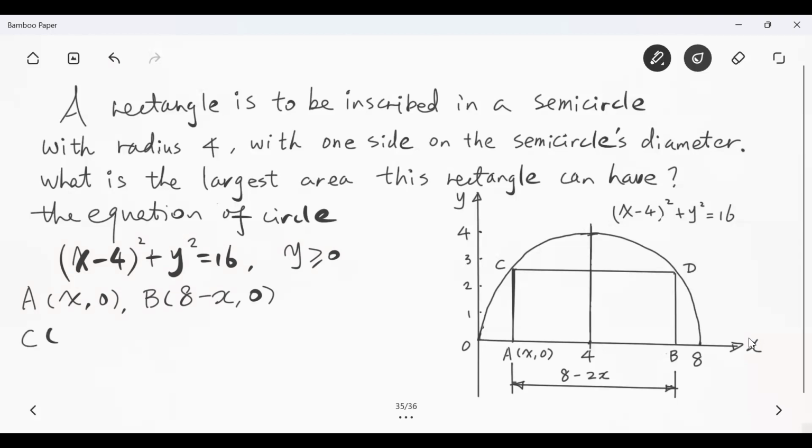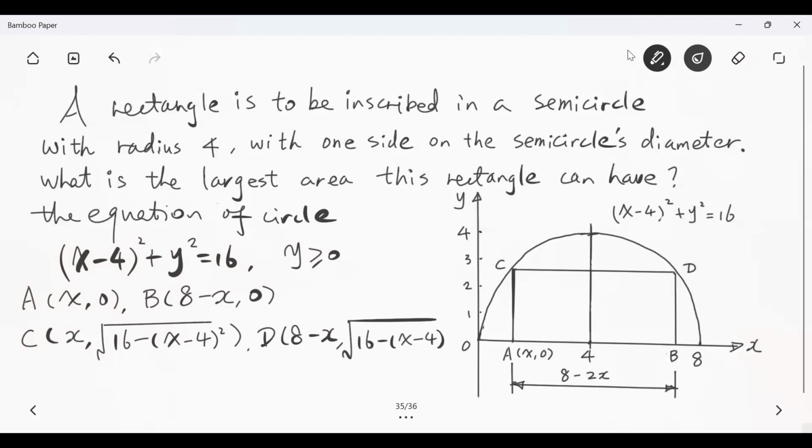C is x and the square root of 16 minus (x minus 4) squared. And D is (8 minus x, square root of 16 minus (x minus 4) squared). That is the 4 endpoints.